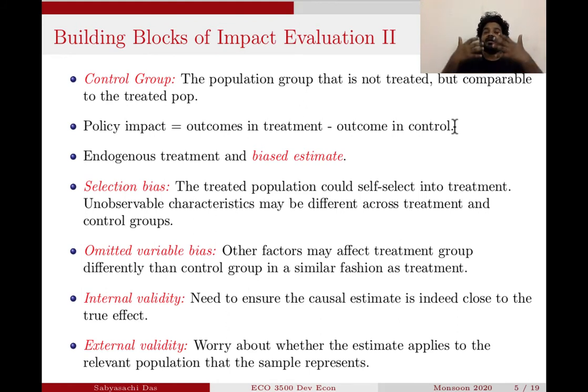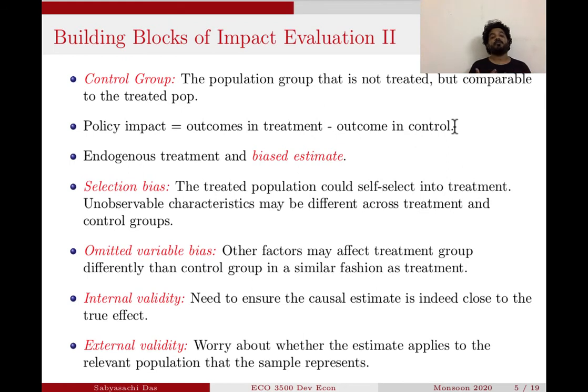Internally valid means it's valid within the pool of control and treatment group. So within the population that constitutes the treatment and the control group, the estimated treatment effect is the true effect. Okay, so it's internally valid for the population on which treatment is getting assigned.